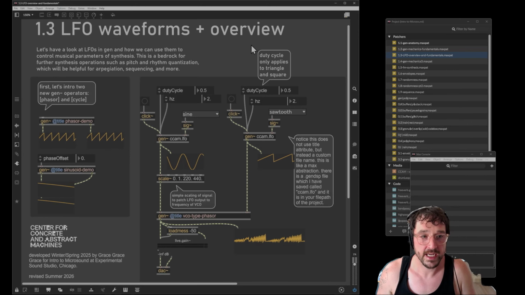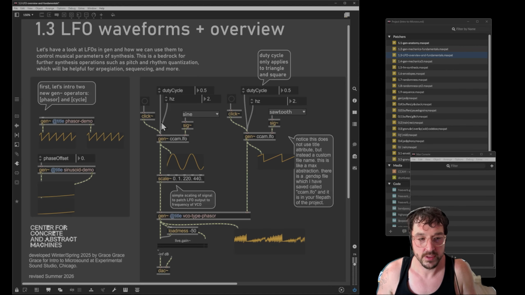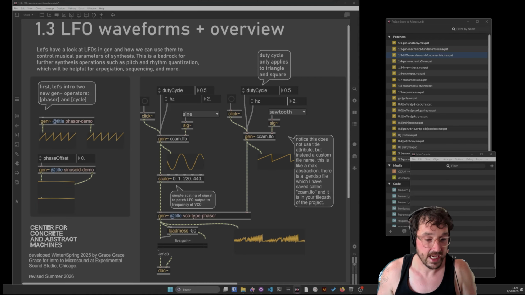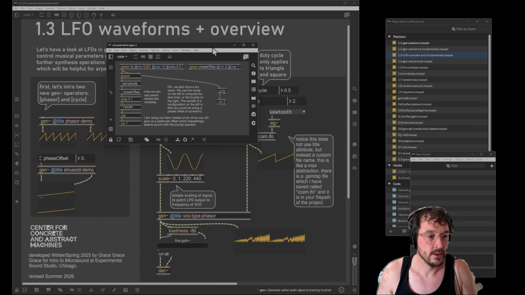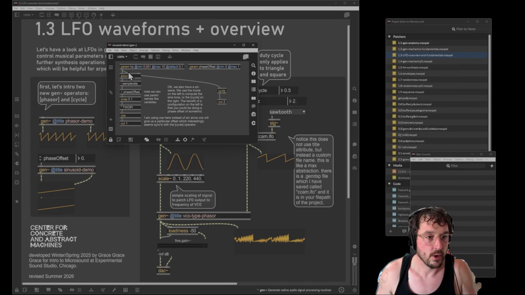We're going to be looking at other types of waveforms that can be used for low frequency oscillation. So let's have a look at one of those. This is a similar side by side here. We haven't looked at sine waves, sinusoidal motion, so far in this series, but we are getting into it. On the left, we have a very similar kind of structure.